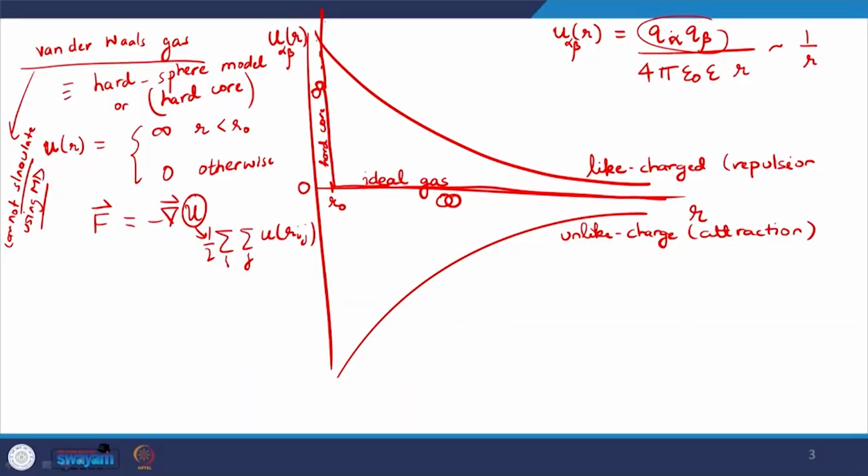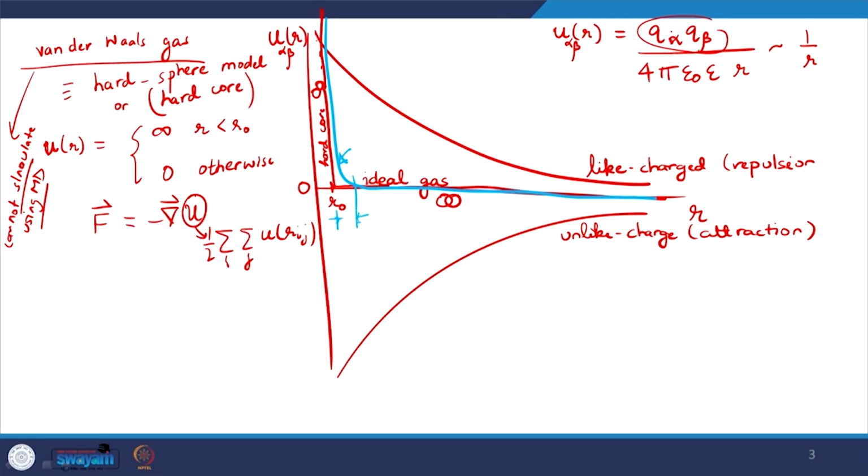So, I will draw a function that will look something like this, for example. Instead of having a discontinuity at R naught, it goes smoothly to 0, and this is still a very small distance.